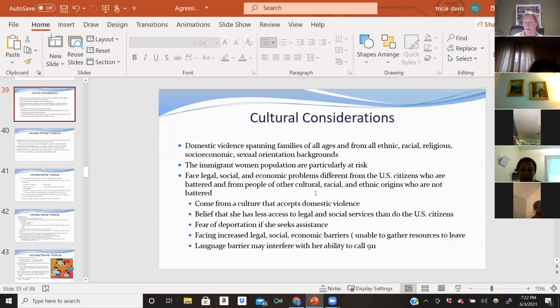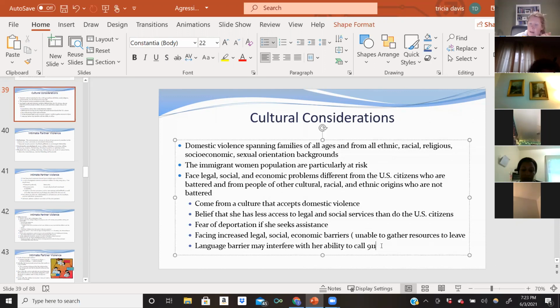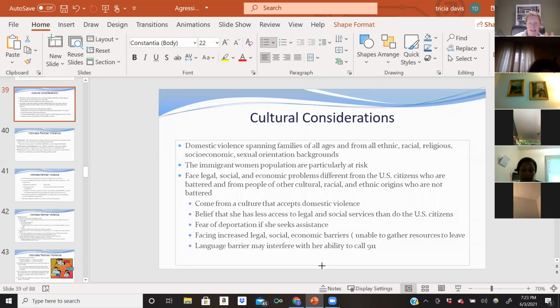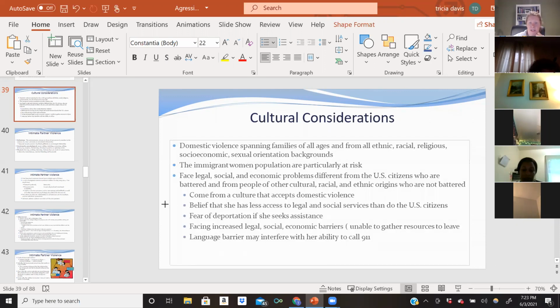They don't have a support network, a family that can help them. Because they're not citizens, they might have trouble gathering resources to help leave the person that is abusing them. And there can also be a language barrier that can interfere with her being able to call 911, or to talk with anyone that they encounter and tell them what's going on with their situation.